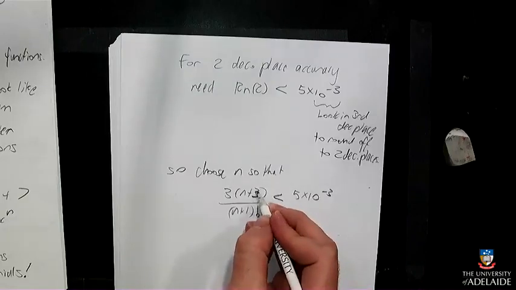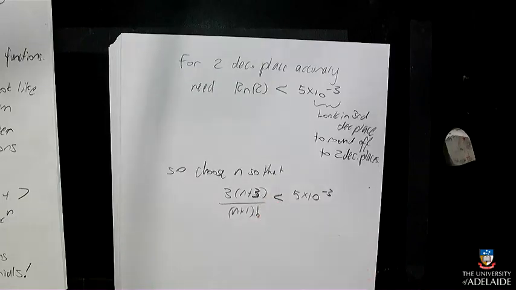So I'm thinking that 5 factorial is 120, and 6 factorial is 720. I'm just going to try it.